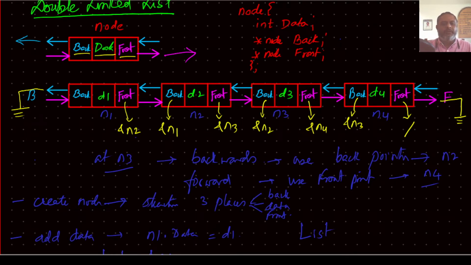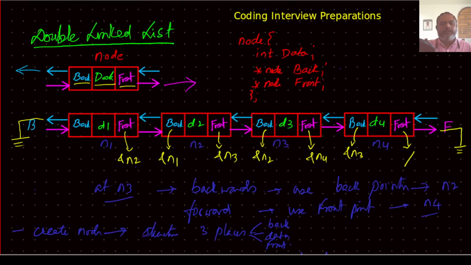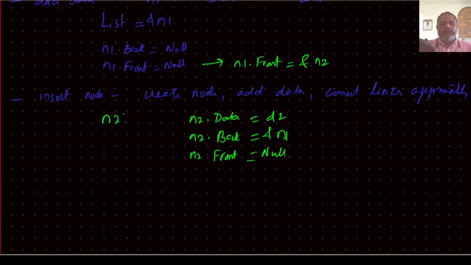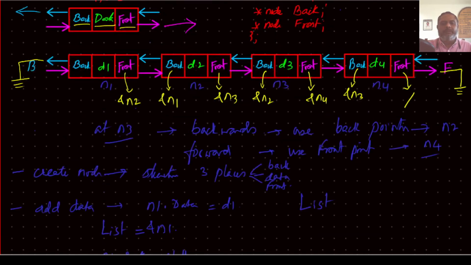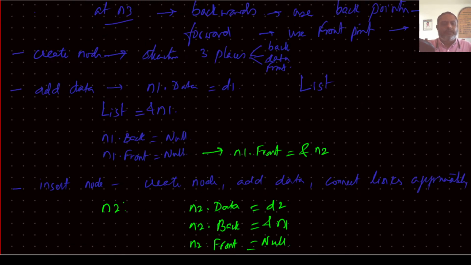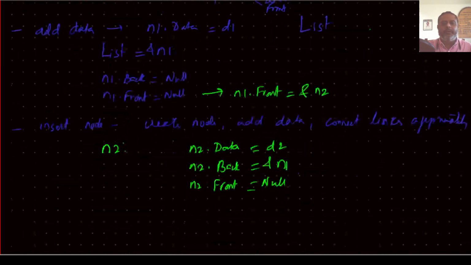This part was not there in the beginning, now we included it. As of now we have two nodes, and n2's front is null because there is nothing ahead of n2, and n1 dot back is also null because there is nothing before n1.